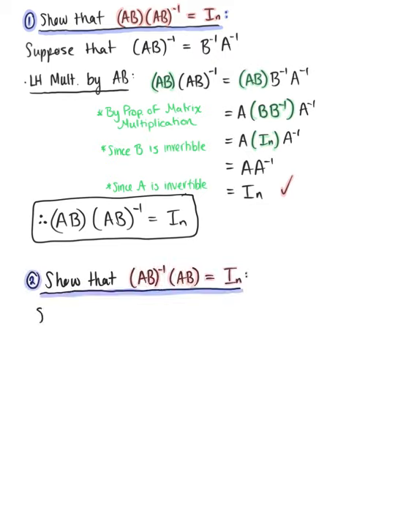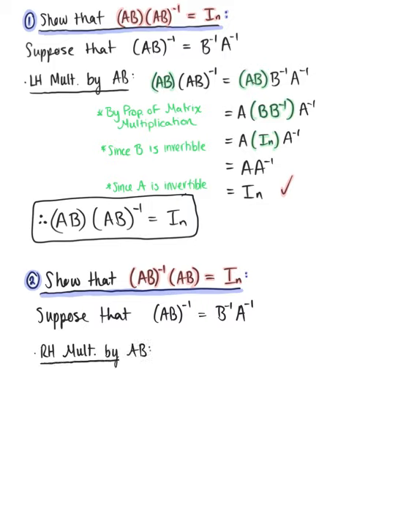So to begin, again, let's suppose that the inverse of matrix A times matrix B is equal to the product of the inverse of B times the inverse of matrix A. So using this equation, let's now go ahead and right-hand multiply by the product AB.